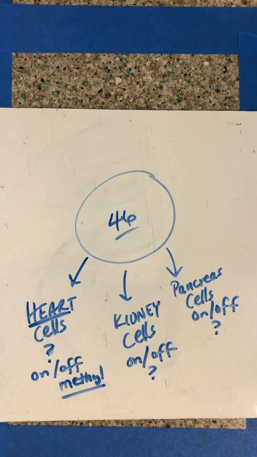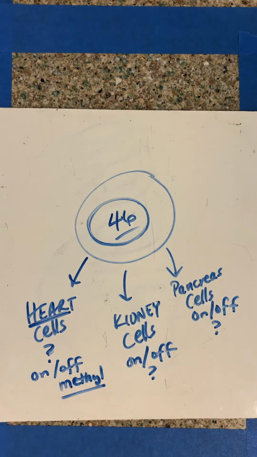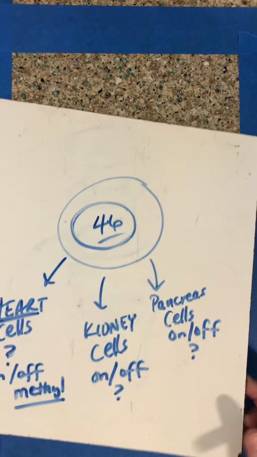Same thing in your pancreas, your skin, your brain, your eyes. All of those cells have the exact same chromosomes, but they turn different ones on and off depending on what they need. And that is regulation of gene expression. Gene expression is the fancy way of saying turning genes on, turning genes off. Regulation means to control it.